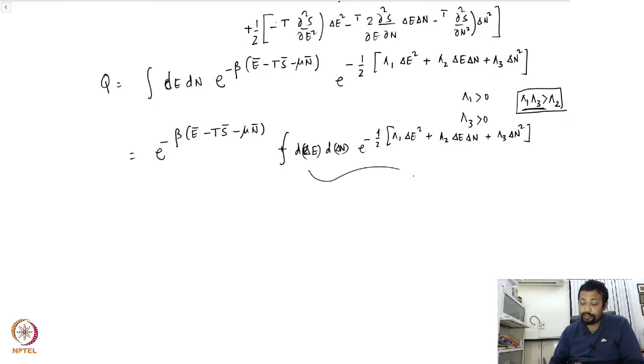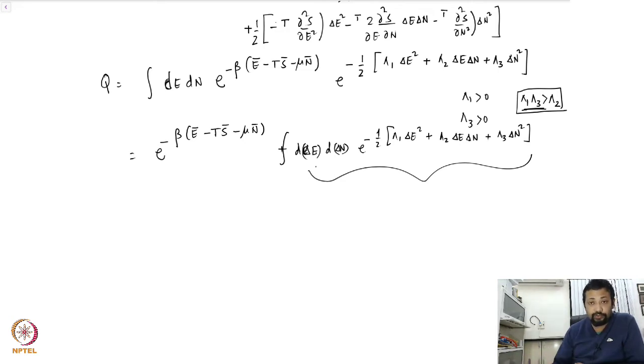So these fluctuations, essentially this is a Gaussian probability distribution, or the joint distribution of E and N, and this can be integrated very easily. The integral is going to be dependent on n, because you have lambda 1, lambda 2 and lambda 3 which are all dependent on n.